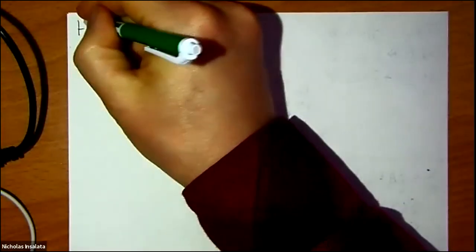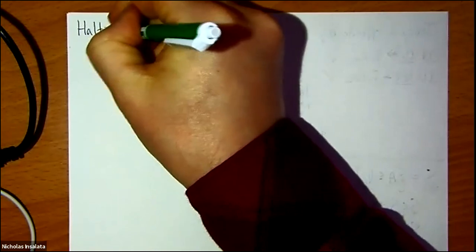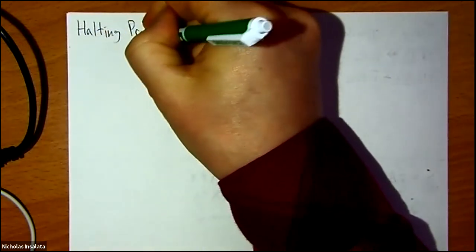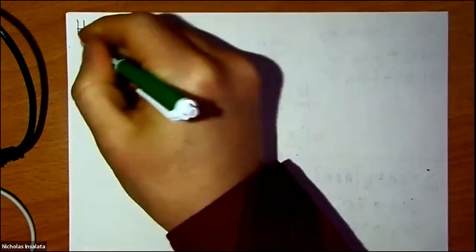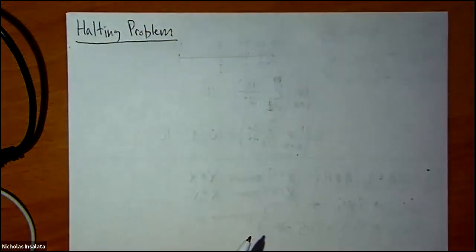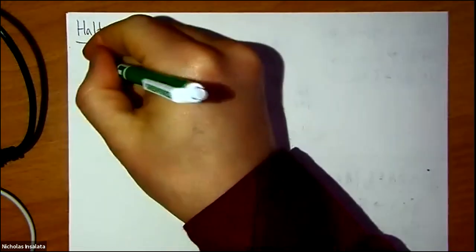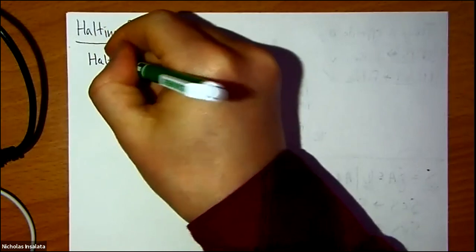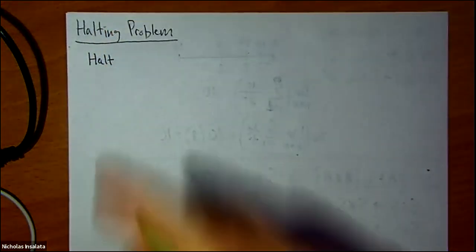So this Oracle that I was talking about, let's formalize this with some notation, okay? And this is called the halting problem. Okay, so here's my Oracle. It's called halt. And I'm just going to describe it as a function, okay?